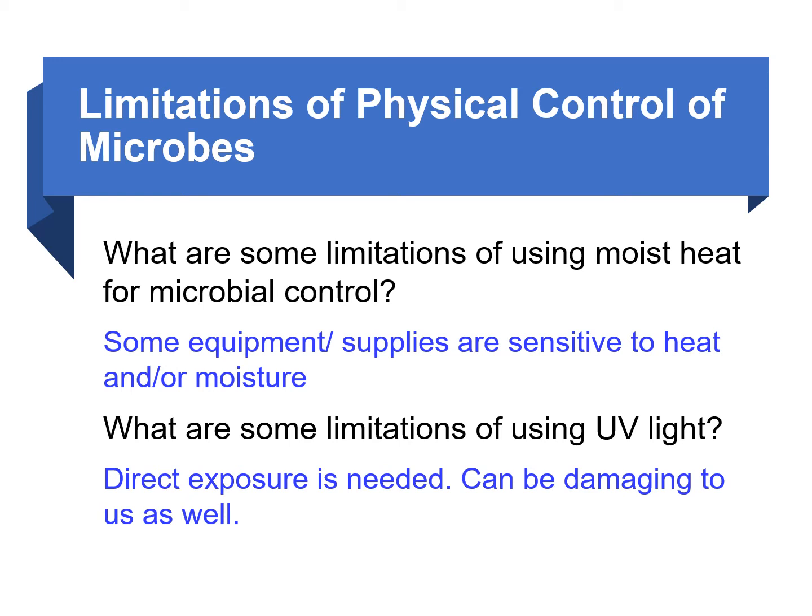And so you would have to have direct exposure to be able to kill the microbe. And then, of course, we humans don't want to be near high concentrations of UV light because it could definitely cause us harm.